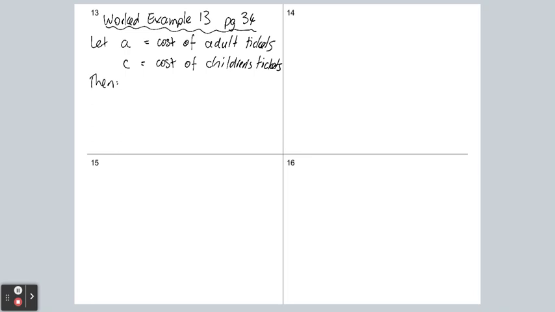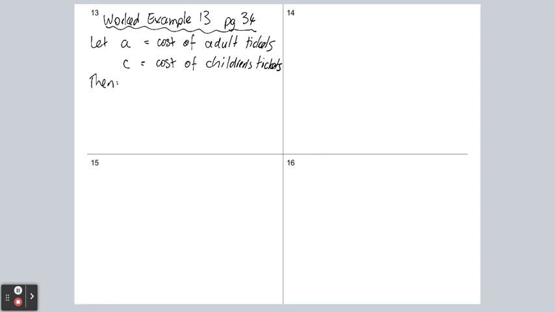I could have used X and Y. The textbook has used X and Y. I've used A and C, and I've been very clear with what A and C represent. A is the cost of adult tickets. C is the cost of children's tickets. A does not stand for an adult. An adult is a person, not a number. C does not stand for a child. Same logic. They stand specifically for a number, which is the cost.